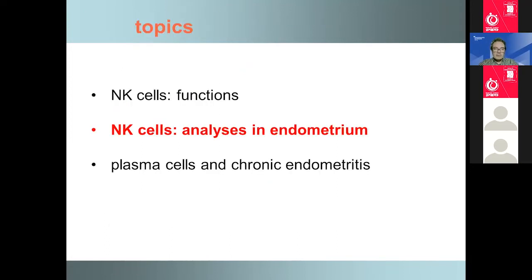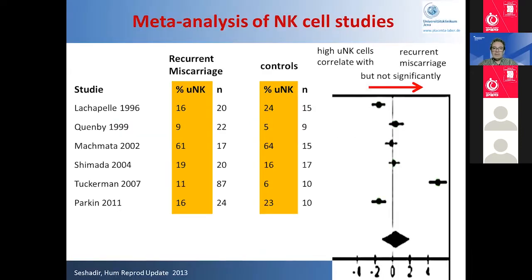So I told you we are analyzing NK cells in the endometrium in patients with infertility problems. We have been motivated because of this paper here from 2013, which is a meta-analysis which does not really show clear results.